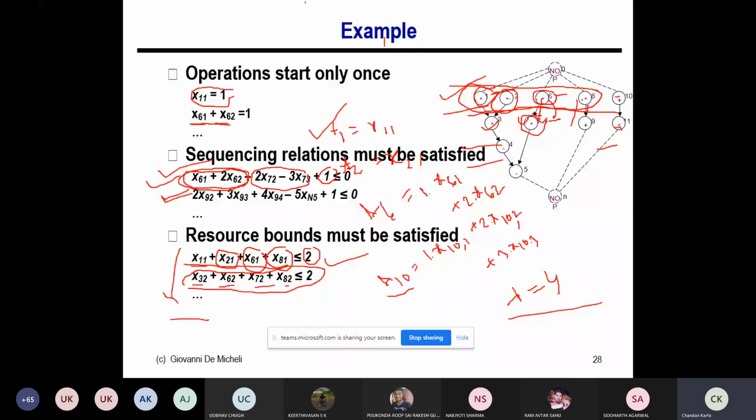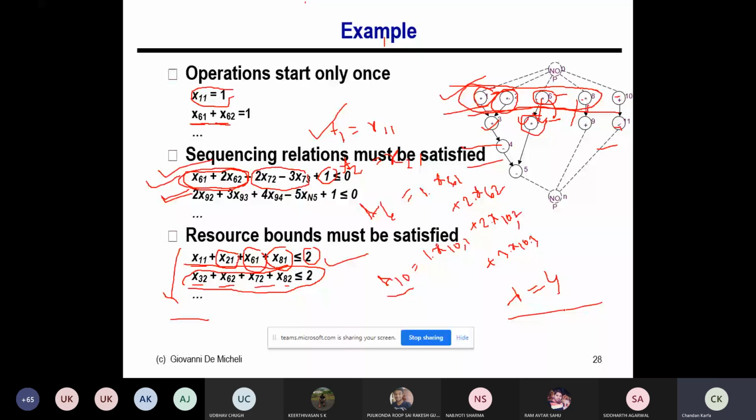Assume this particular graph. I know by ASAP that lambda equal to 4 is the minimum value. I cannot have a schedule with lambda less than 4, like 3 or 2, even with unbounded resources. I need at least lambda equal to 4 to schedule this behavior. That is what ASAP gives me.